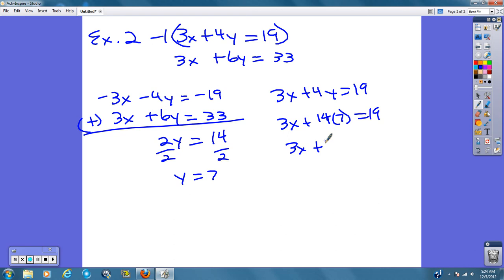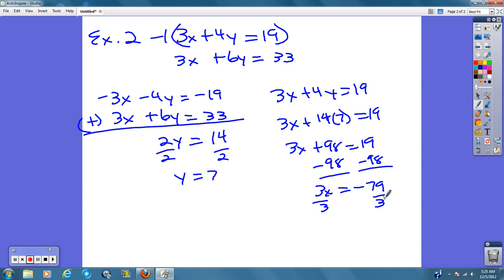So 14 times 7, 98, equals 19. I'm now going to subtract 98 from both sides. So I'm going to have 3x equals 19 minus 98. I'm going to get a negative 79. Now divide both sides by 3.